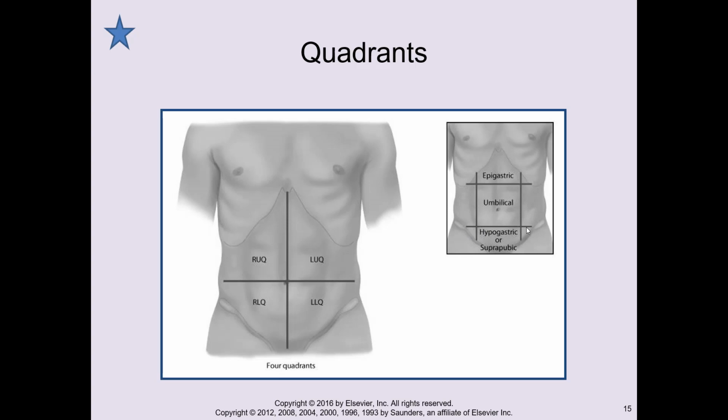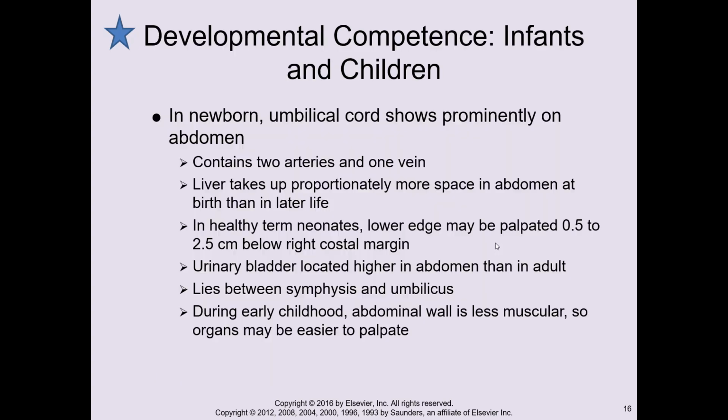And your hypogastric or suprapubic areas down here. If you work with infants, especially newborns, the umbilical cord shows prominently on the abdomen. It's actually still attached for about 10 days to 2 weeks. It dries up over that period of time.